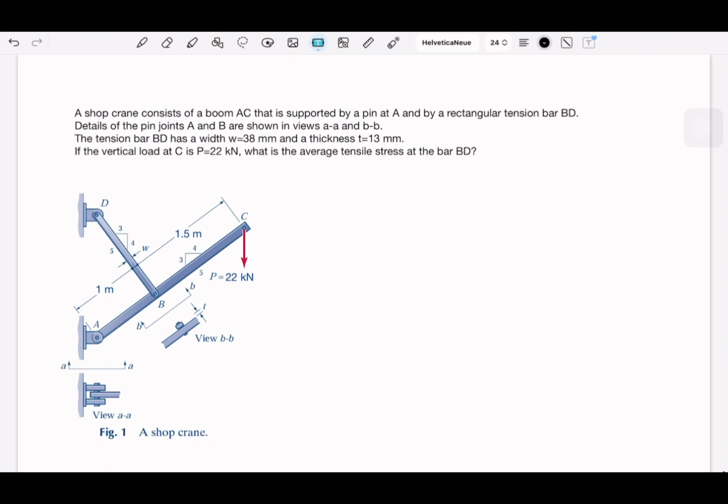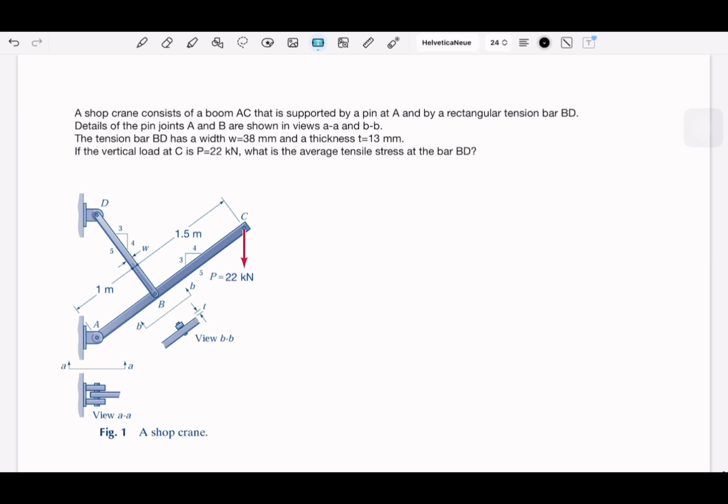And then this is the pin for B. If you see from the side, this is the pin. It has a thickness T of 13 millimeter. BD also has a width of 38 millimeter.